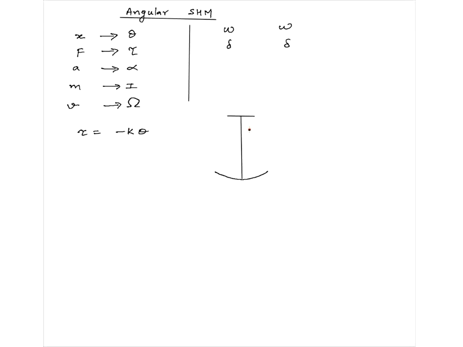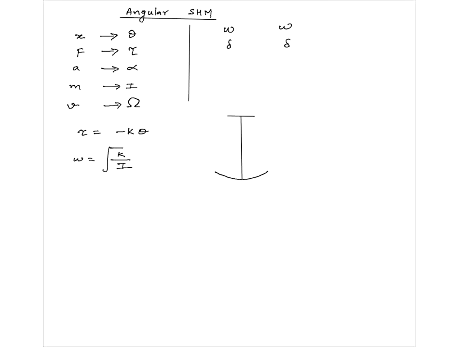Omega is root k by m in linear SHM. So it would be root k by I in angular SHM.